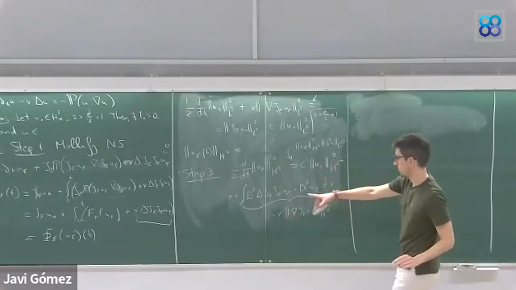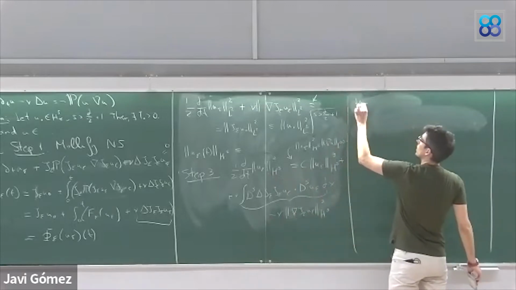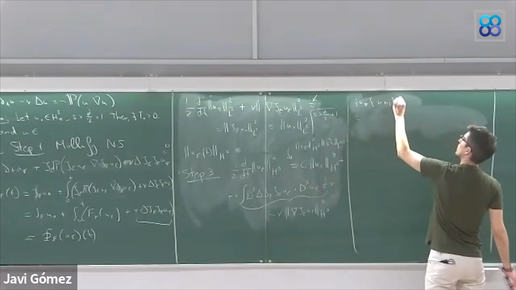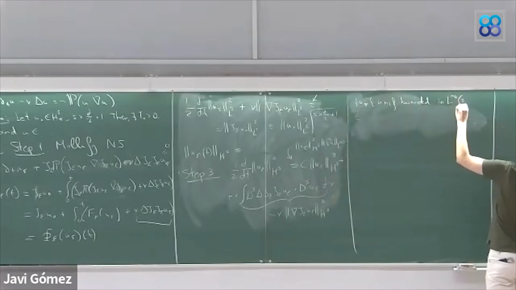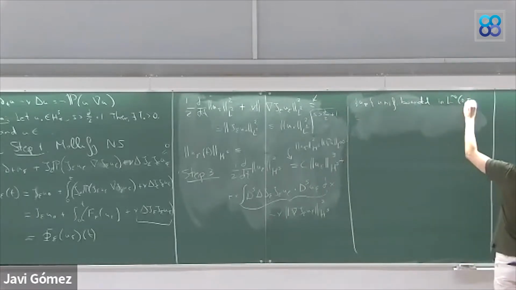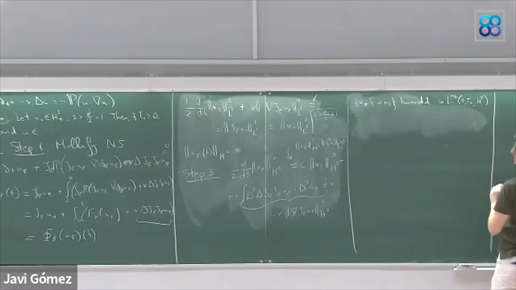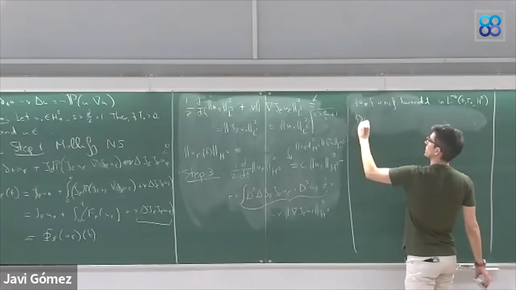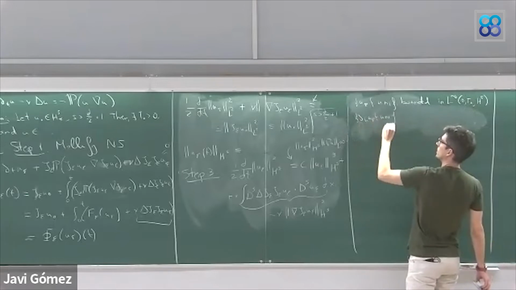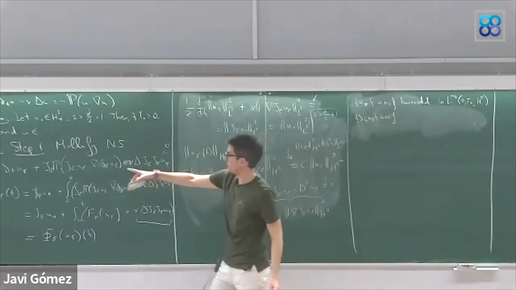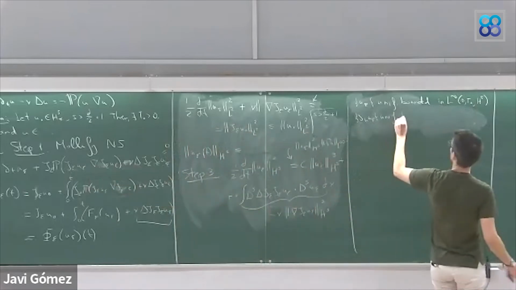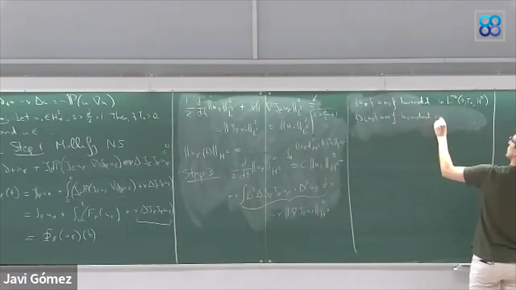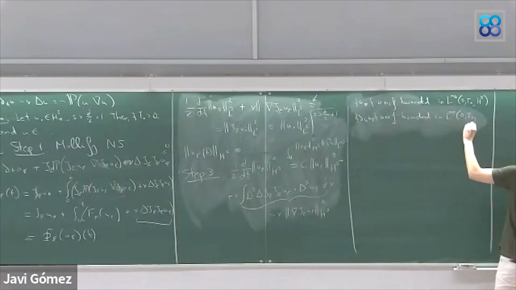So this gives a uniform bound for u epsilon in L infinity HS, and for the derivative we use the equation. The other day we lose one derivative, today we lose two derivatives, so this is uniformly bounded in HS minus 2.